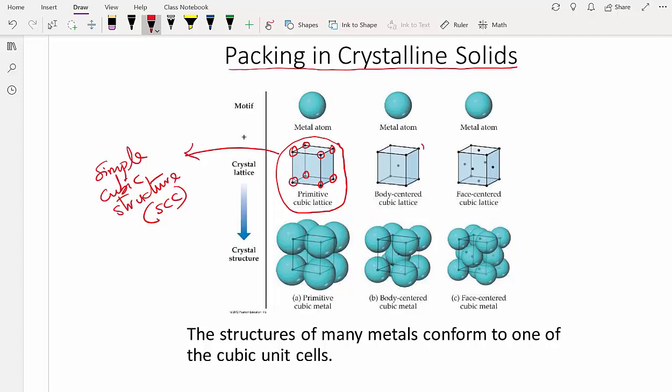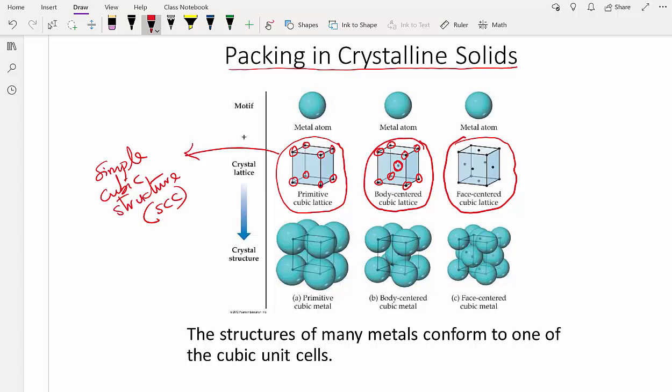We also will talk about body-centered cubic lattice. In body-centered cubic lattice, you also have the 8 lattice points in the corners, but you have an entire atom in the center of the cube. And we will also talk about face-centered cubic lattice.